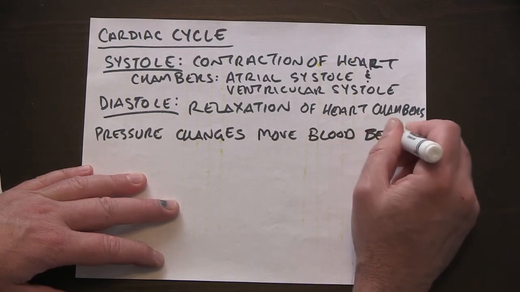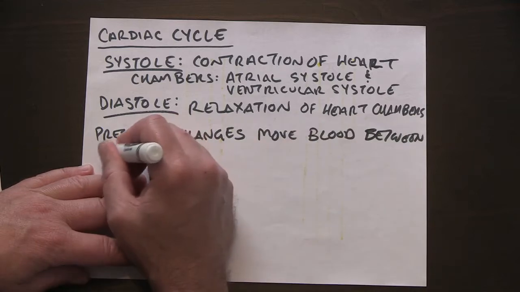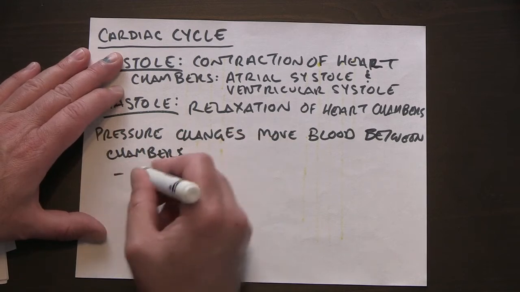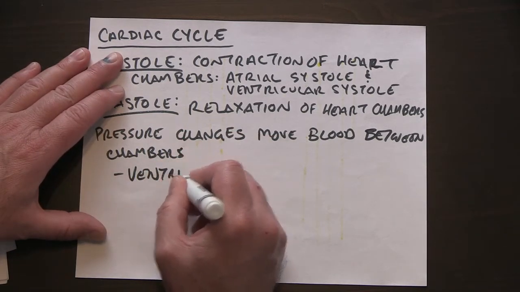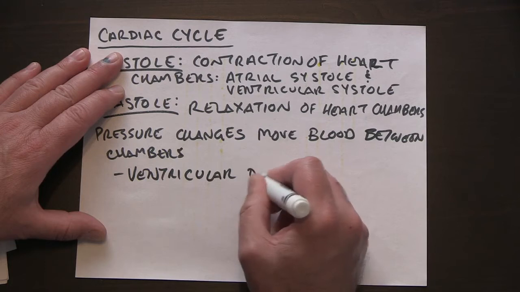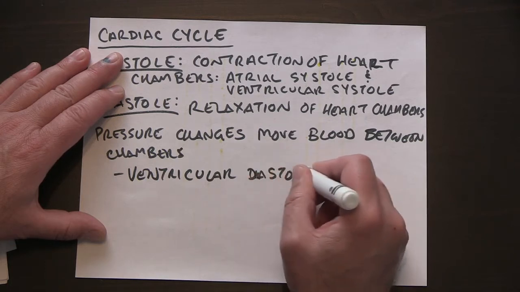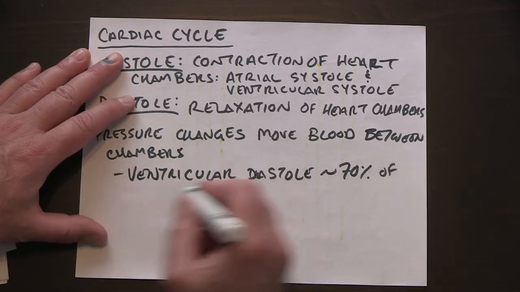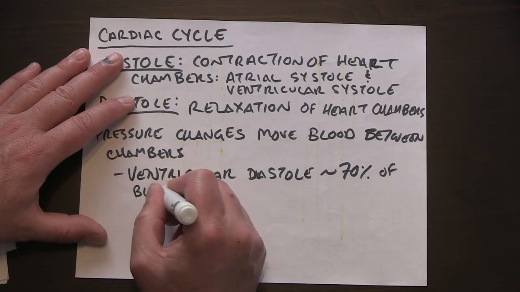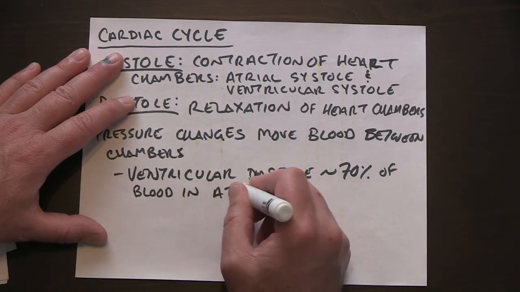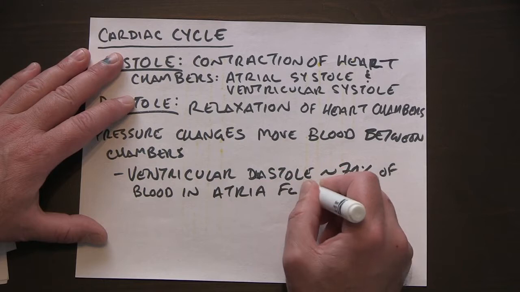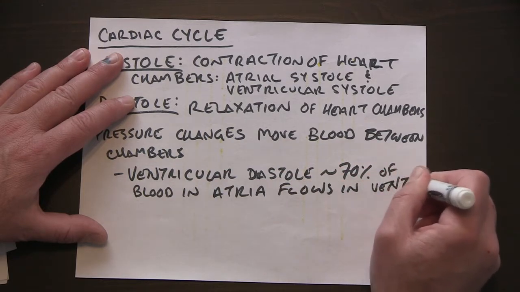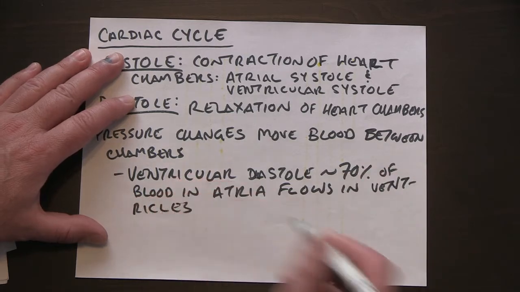So, for example, during ventricular diastole, about 70% of the blood that's in the atria just naturally flows into the ventricles, just due to the pressure changes.